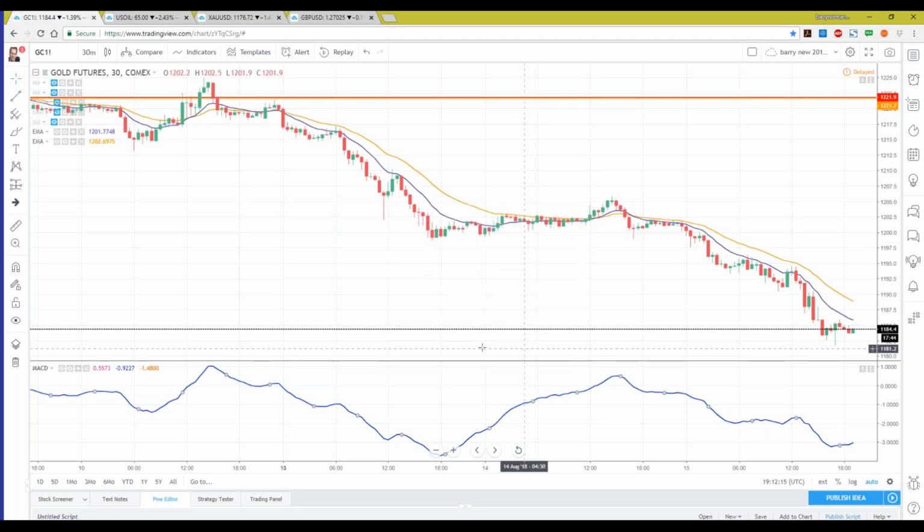I'm going to make this dark blue. And this MACD line is the difference between this line and this line. Okay. The blue line here is our shorter EMA. Our gold line is the longer EMA.